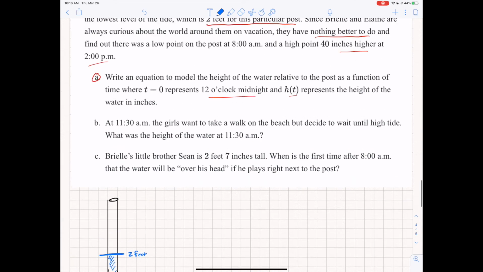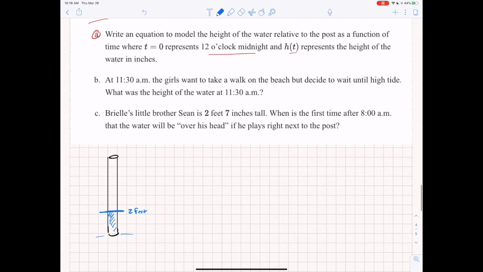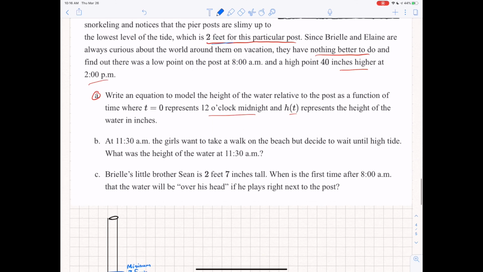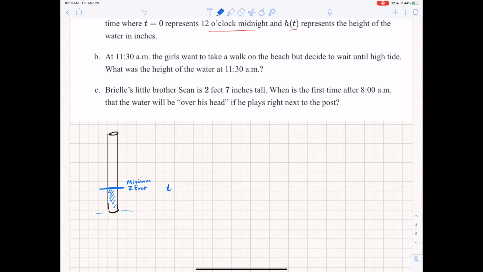So the water level will never drop below that on this particular post, meaning that this is going to be the minimum of the tide level or the height of the water. And we even know a time for this, because they find out that there was a low point on the post at 8 a.m. So I know that when time is equal to 8, the water level should be 2 feet.